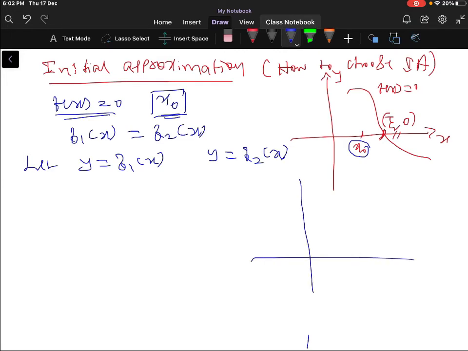The intersection of the two curves, the curve y is equal to f1 of x and the curve y is equal to f2 of x, is this point, at which you can define the point xi.